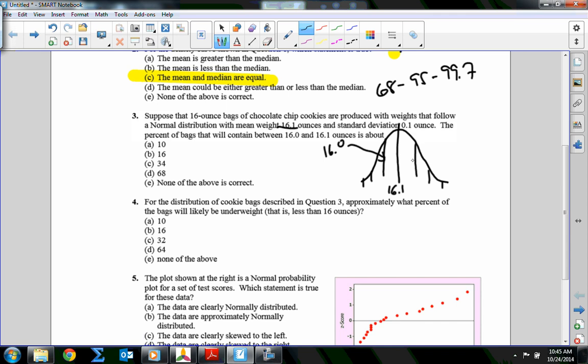So this rule tells us that between the two standard deviations, or one standard deviation on either side, you have 68% of the data, which means in each of these you would have 34%, because 68 divided by 2 is 34. And so that answer is C. 34.